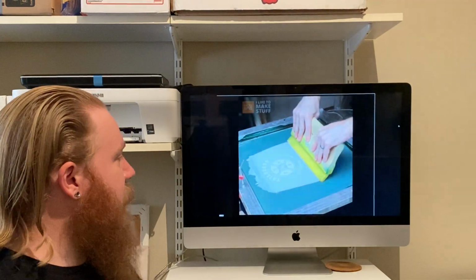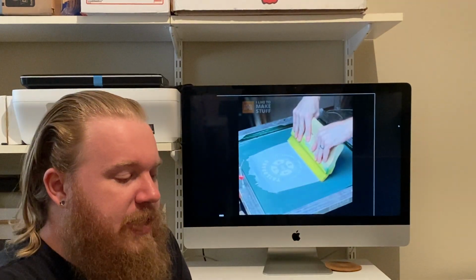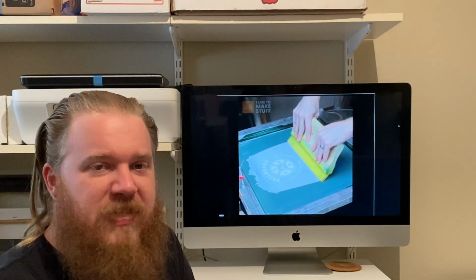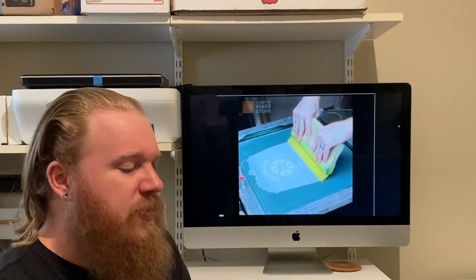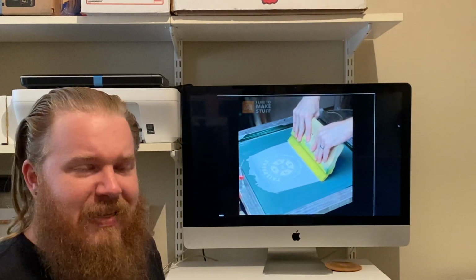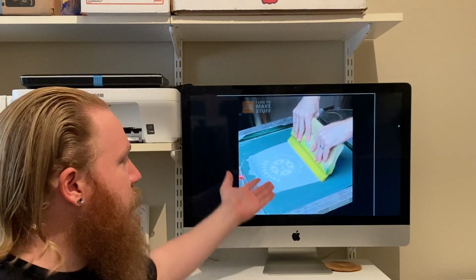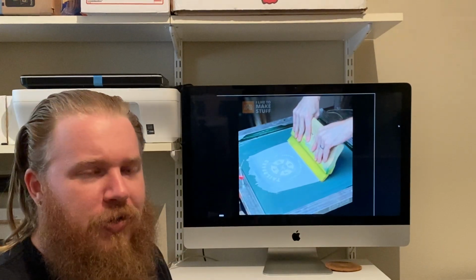But screen printing is something that's very common. I guarantee all of you guys have an example of screen printing in the form of t-shirts and things like that. So most of the time, if you have any kind of t-shirt with an image or a logo on it, it's almost always going to be screen printed if it's not embroidered or something.